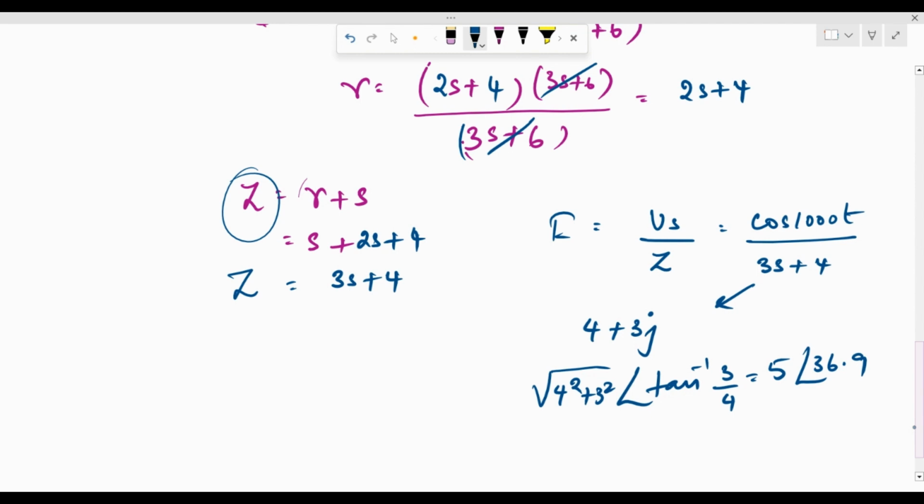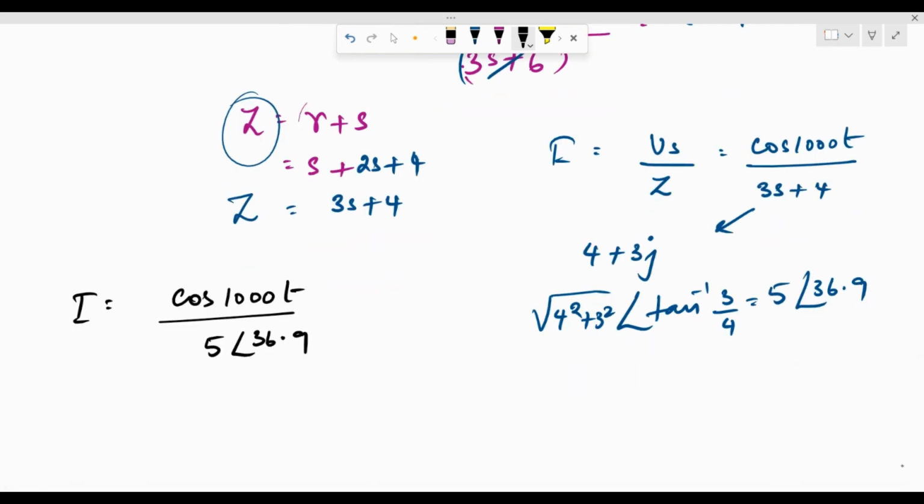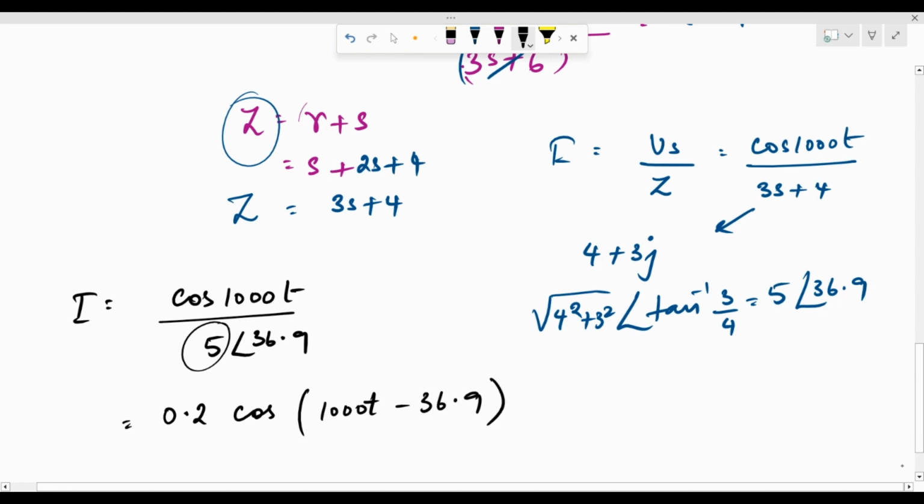So I can rewrite I as cos of 1000t divided by 5 angle 36.9. The 1 by 5 becomes 0.2 because this is the magnitude. So I is 0.2 cos of 1000t minus 36.9 amps. This is the expression for the current.